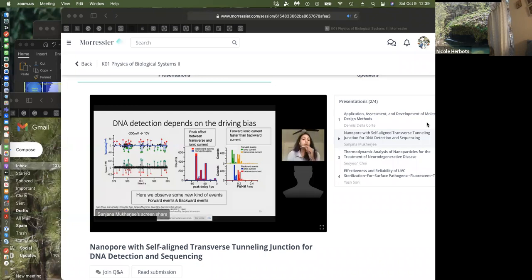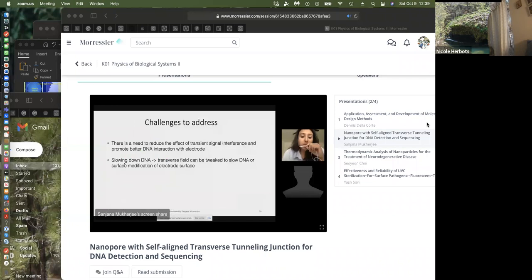So there are more challenges to address. There's a need to reduce the effect of transient signals so we can make sure the tunneling current that we see is truly because of the interaction of the DNA. So we need to really slow down the DNA. We can do that in many ways, like tweaking the transverse electrode to slow down DNA, and we need to surface modify the electrode surface.